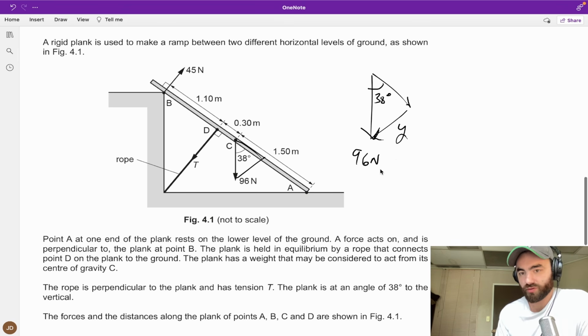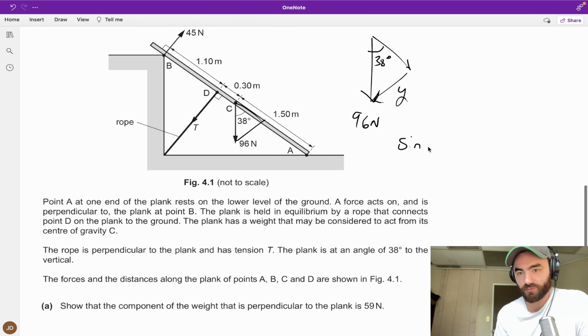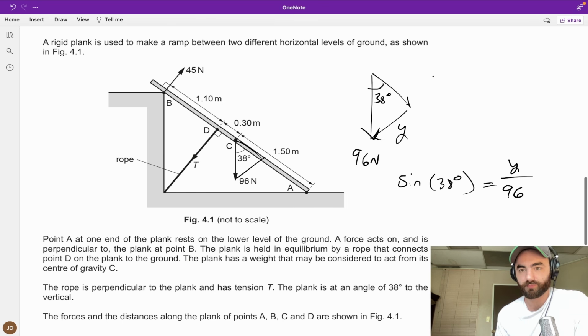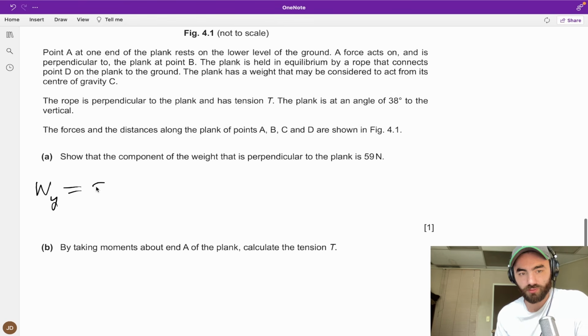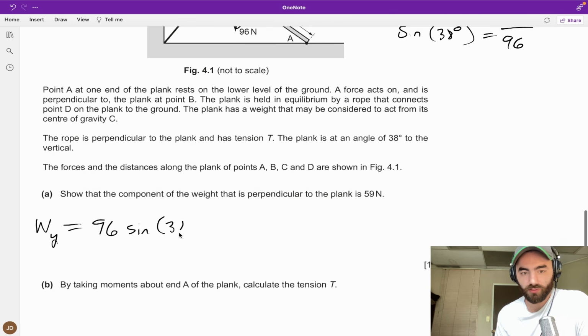So this y component of the weight will simply be, as I'm splitting up the vectors, sine 38 degrees equals opposite over 96. So the y component of the weight will equal 96 sine of 38 degrees.